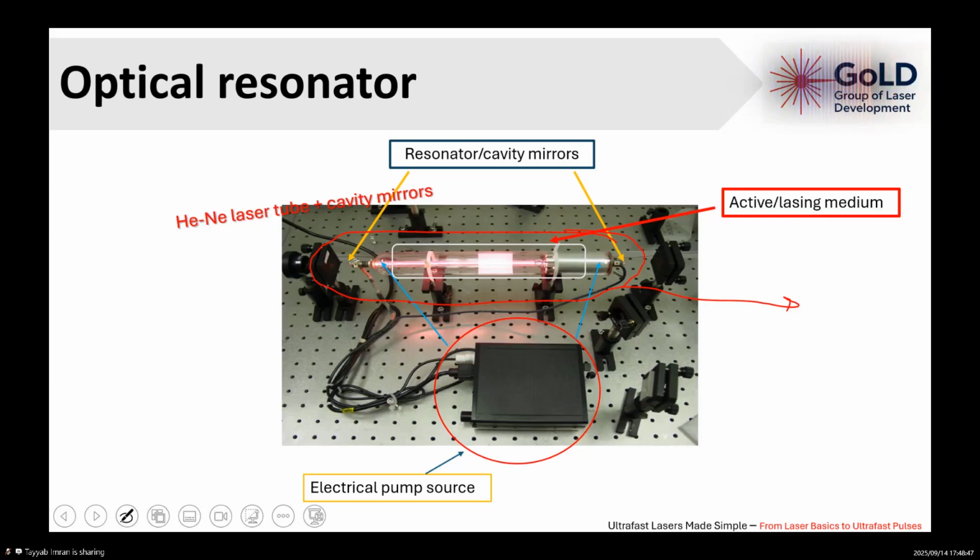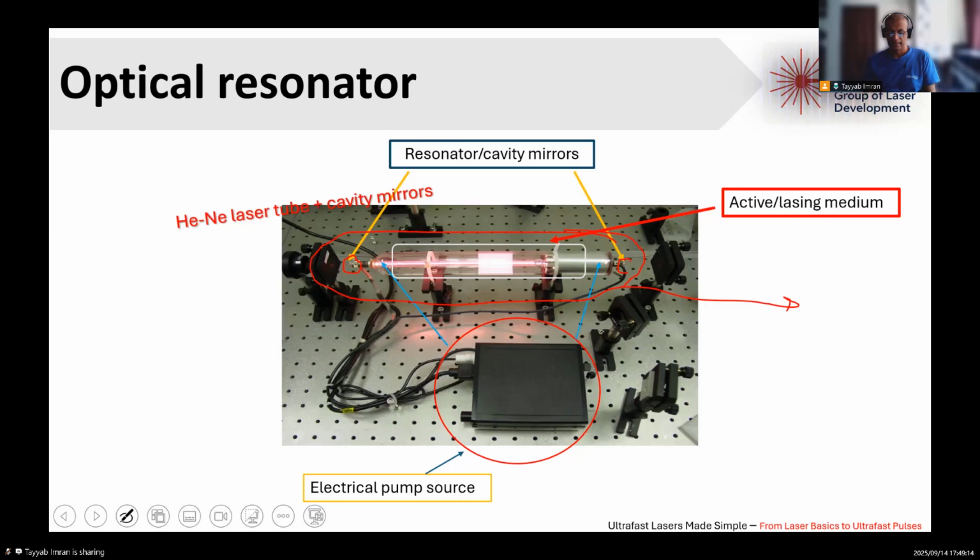Someday, if you can open a broken helium neon laser, you will see a very small cavity mirror on this side and a very small cavity mirror on this side. These are very, very small in size.